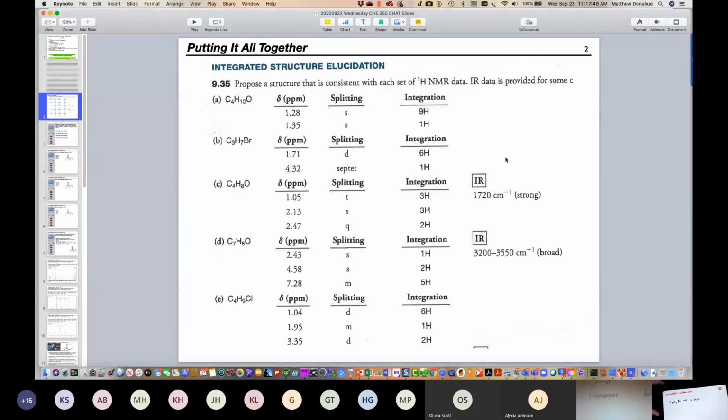Even though you're given the NMR data, there's a shortcut way of thinking about this. How many bonds can a bromine have to it? Your typical halogen atom can have how many bonds?